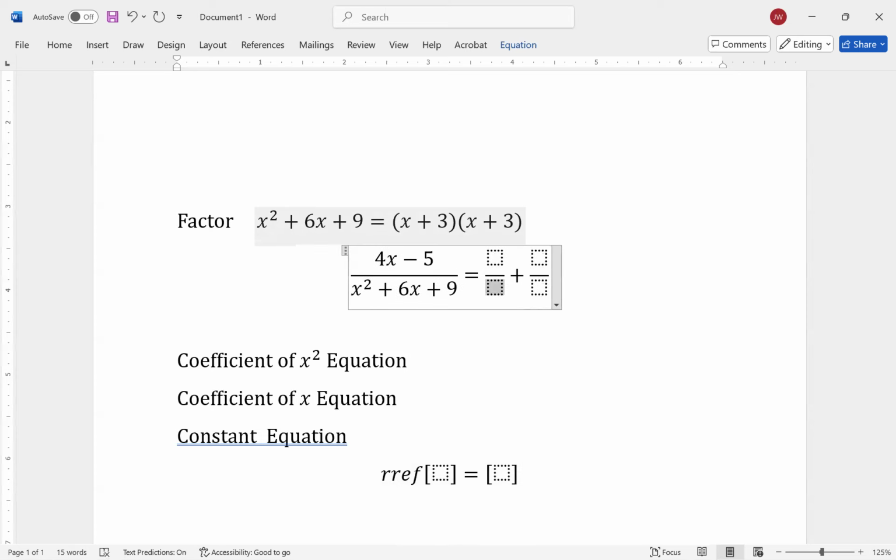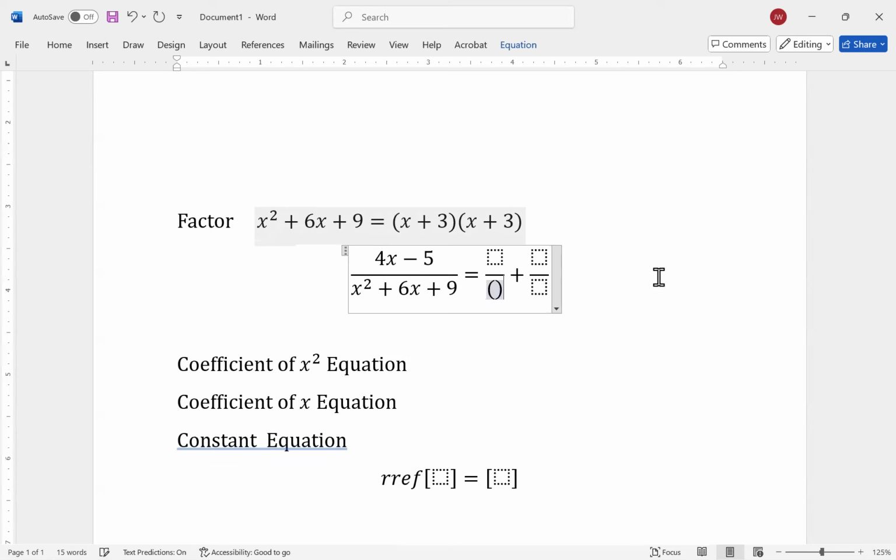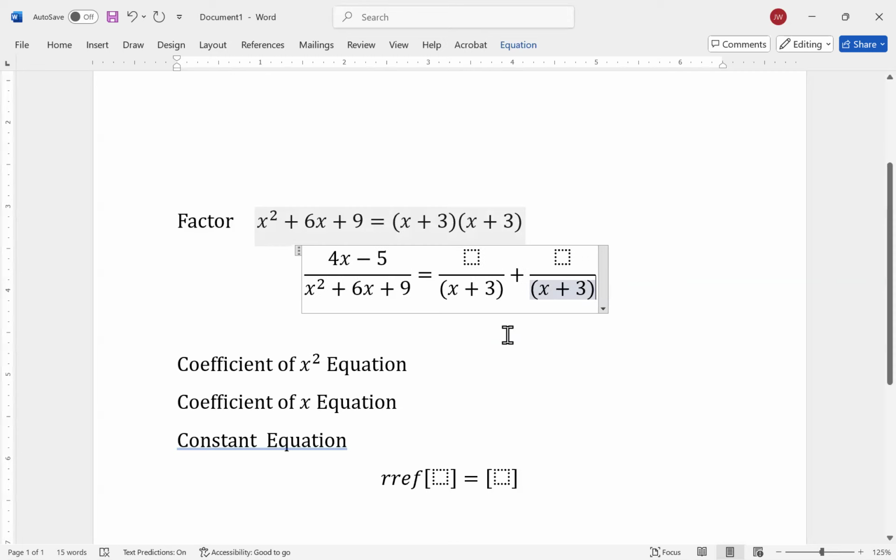Now, if I add fractions, one of which whose denominator is x plus 3, and another of which whose denominator is x plus 3, it doesn't work out nicely because things are ambiguous. The A and the B are going to be ambiguous.